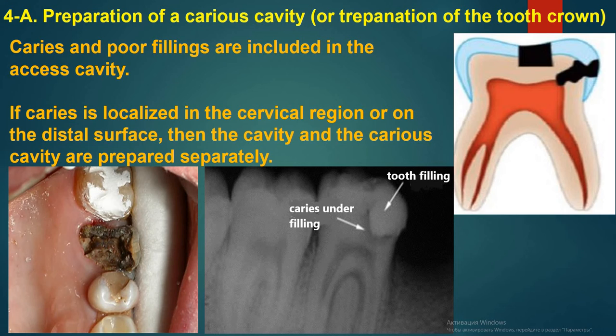If caries is localized in the cervical region or the distal surface, then the cavity and the carious cavity are prepared separately. In this picture we see caries under filling and tooth filling.